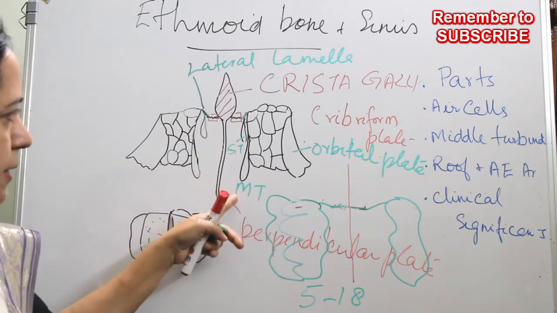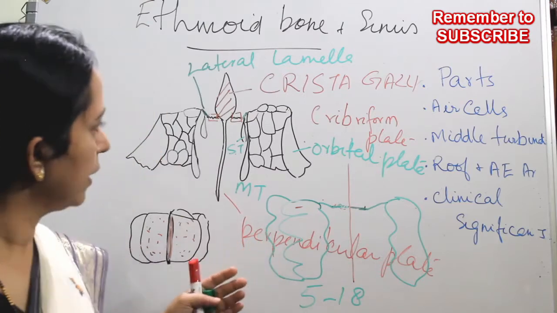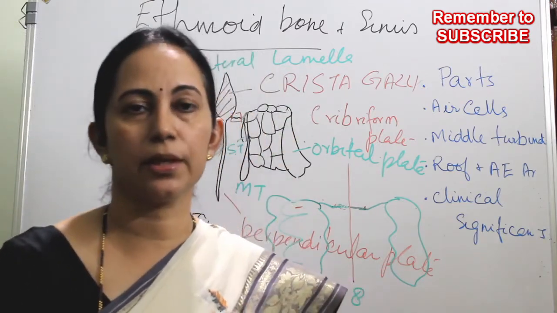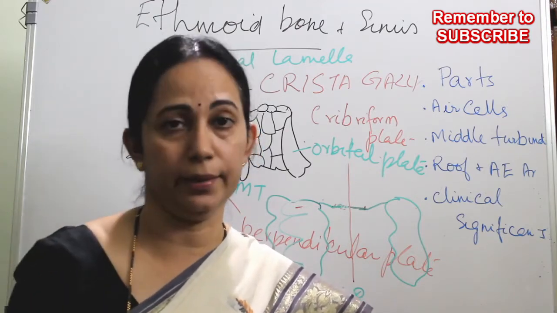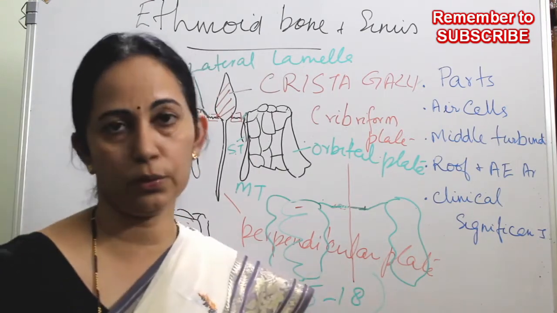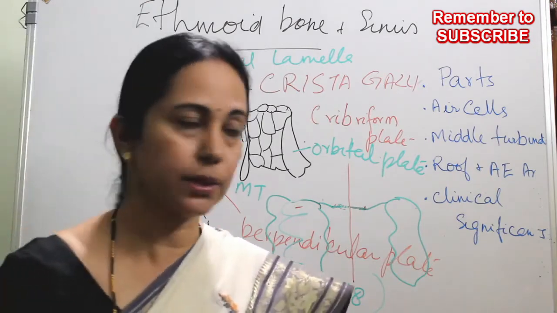So the superior turbinate and middle turbinate are part of the ethmoid bone, and of the ethmoid cells or the ethmoid sinuses, a total of around 2 to 200 we can say, but broadly it is said as 5 to 18. Okay. So of this there is an anterior group and a posterior group.